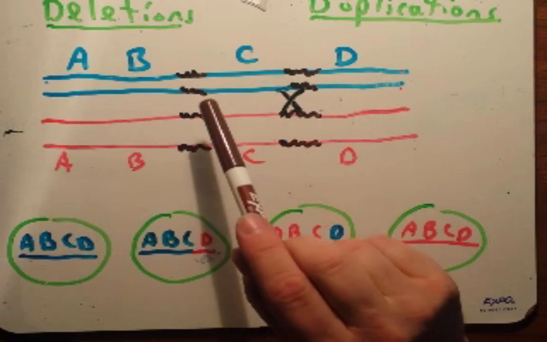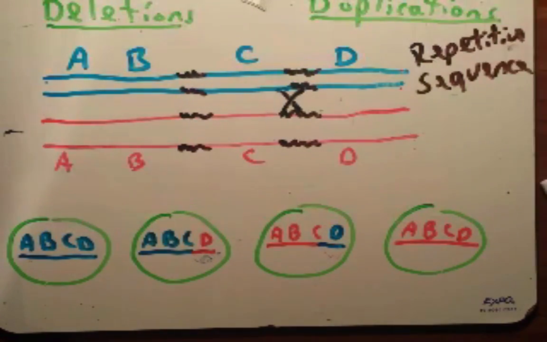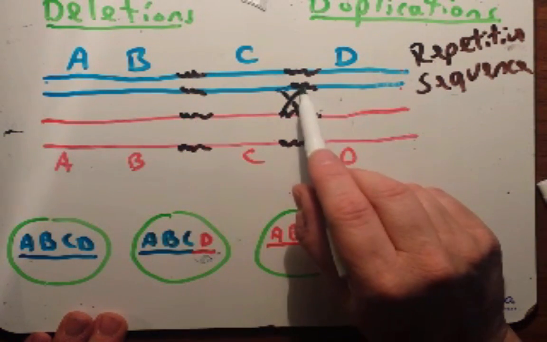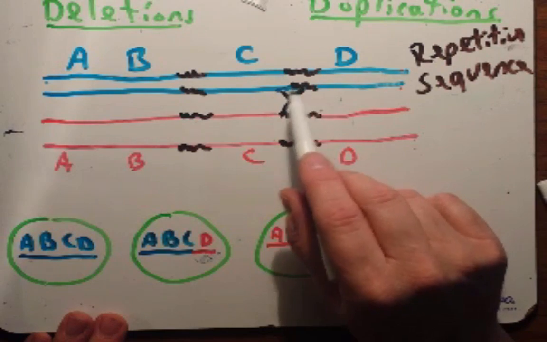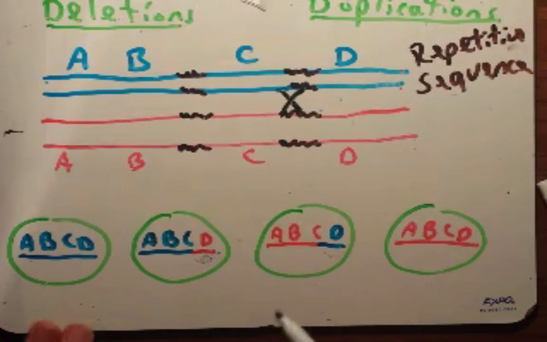Now because of these repetitive sequences, let's write repetitive sequence here, sometimes what happens during prophase 1, they don't align just like they're supposed to. It's possible that this repetitive sequence here could line up with the second one, because they share sequence homology. They're the same sequence. So they could line up that way. Let's see what happens when we do that.